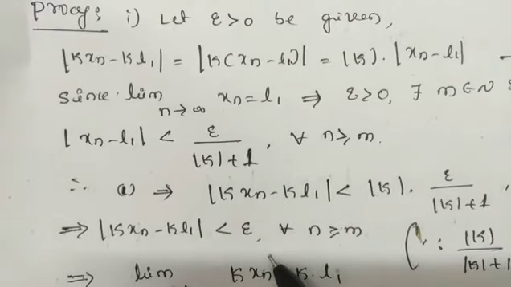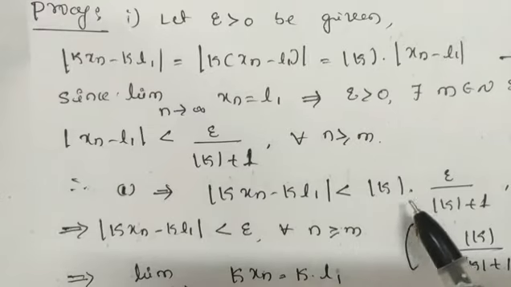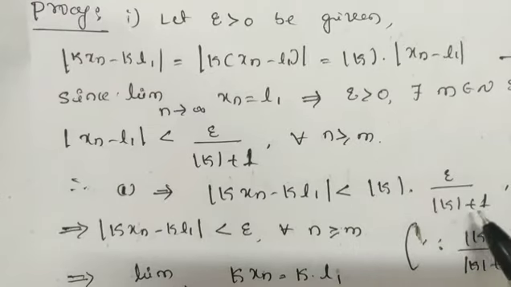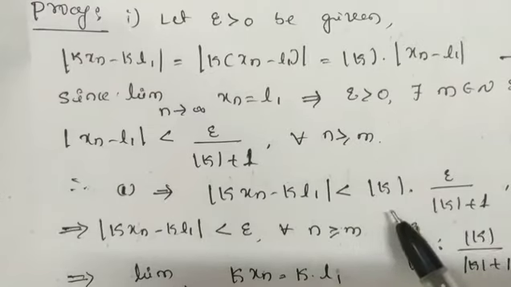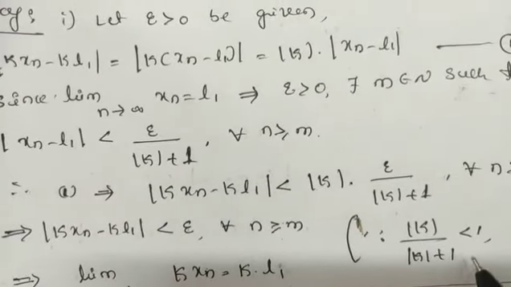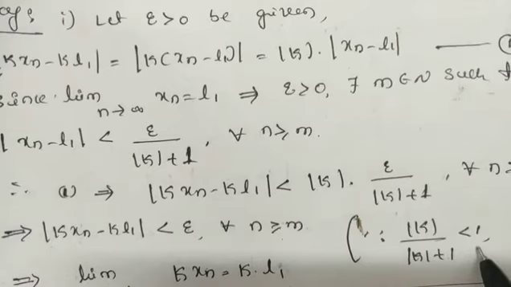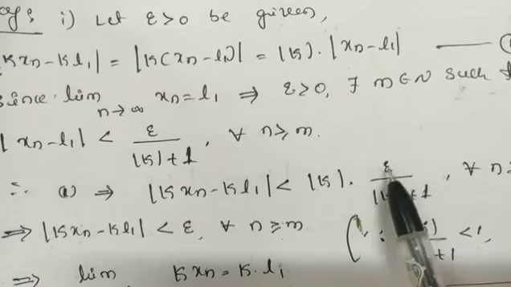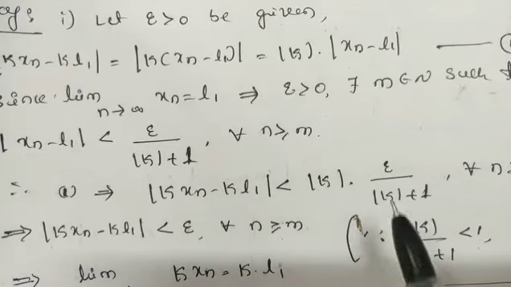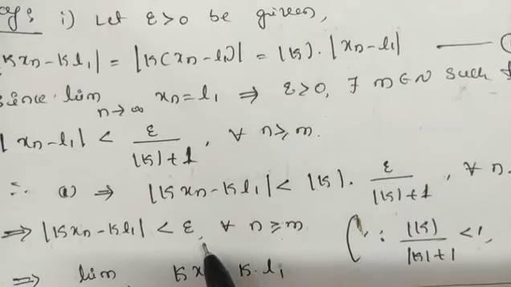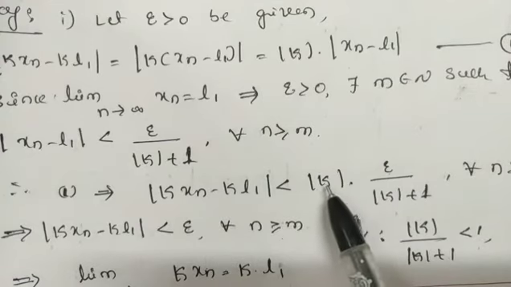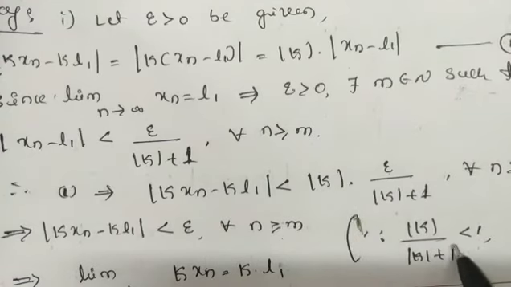Why is it less than epsilon? Because mod k divided by mod k plus 1 is always less than 1.